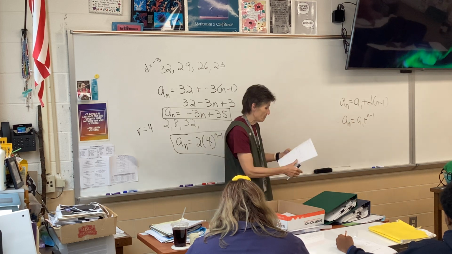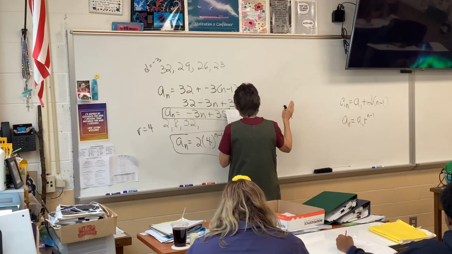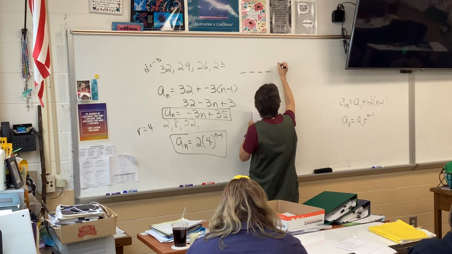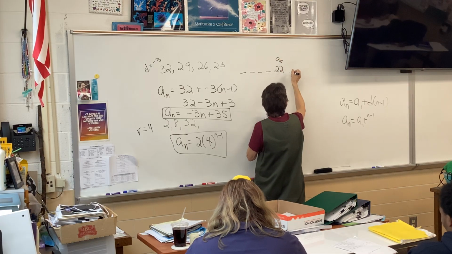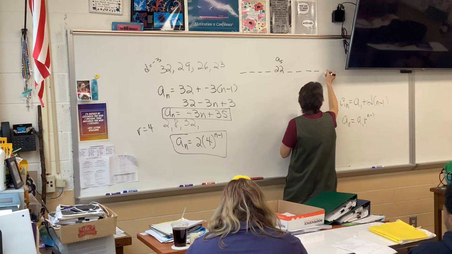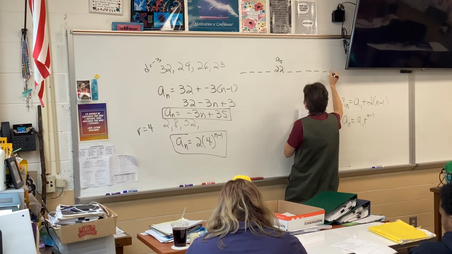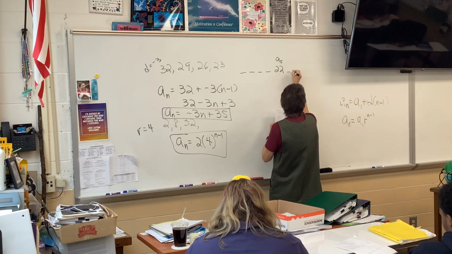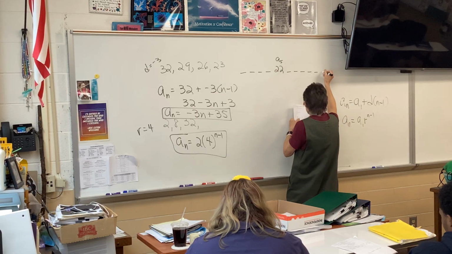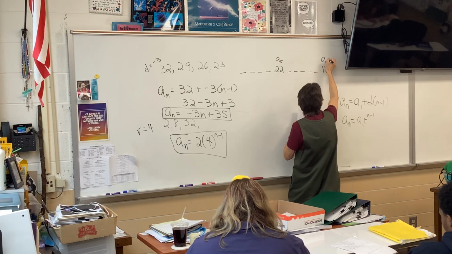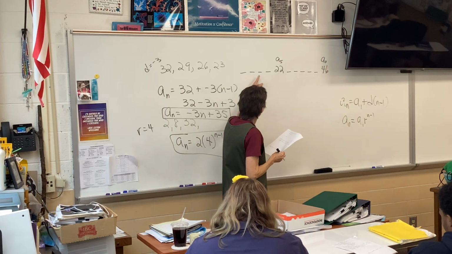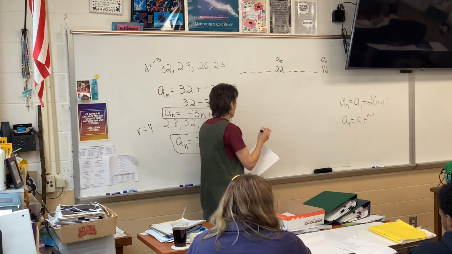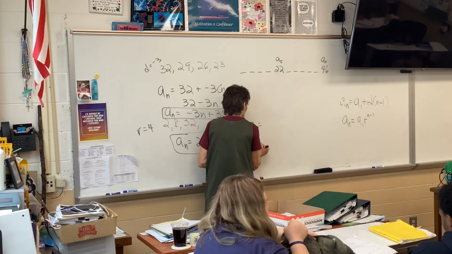All right, number 5. We have an arithmetic sequence. First, second, third, fourth. We know the 5th term is 22. 6, 7, 8, 9, 10, and the 11th term is 46. Our job is to find A sub 1 and A sub 200.